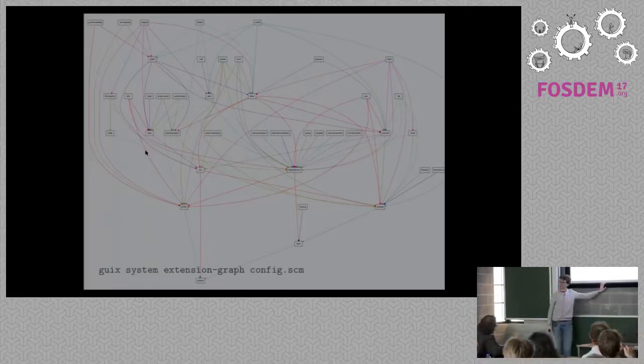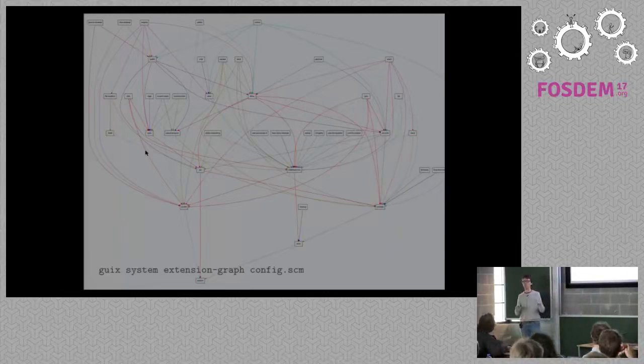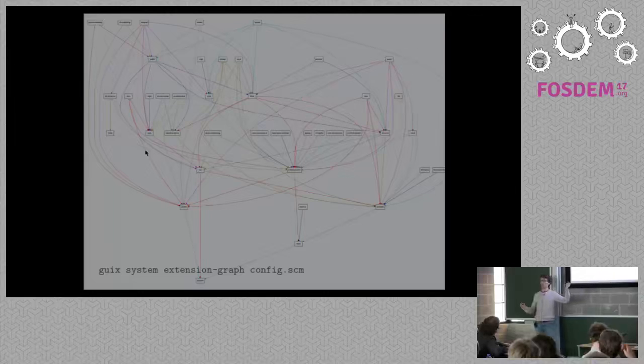This is why at the bottom here, just below the screen, we have one node, which is the system. You remember when I ran guix system build, I got one directory as a result. Well, that's this node here at the bottom. The system is a service that's itself extended by all these things.